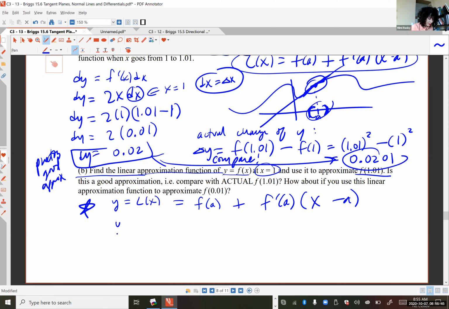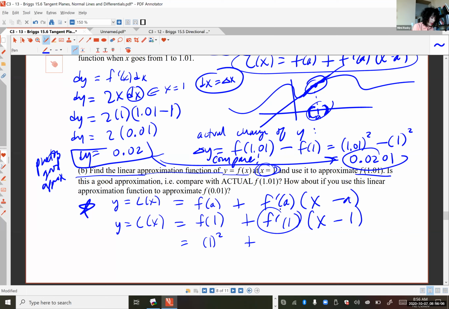For us, a is the starting point, so f evaluated at 1 plus f prime evaluated at 1, multiplied by the quantity x minus 1. Well, f of x is x squared, so this is 1 squared, which is 1, plus, and we saw that f prime of 1, which is up here, 2x, is 2 times 1, and then x minus 1.